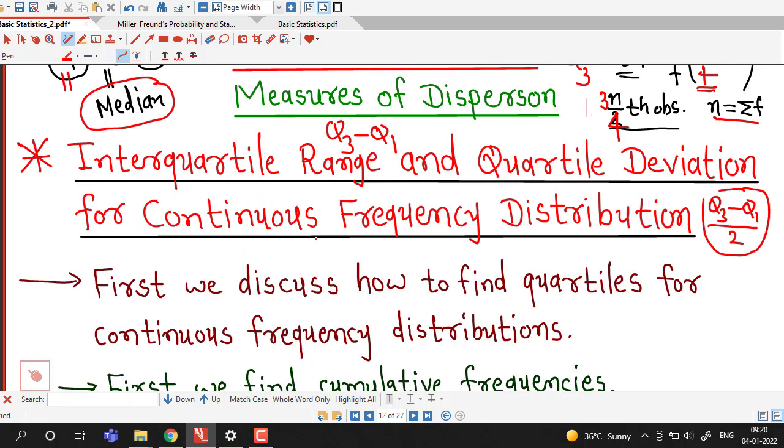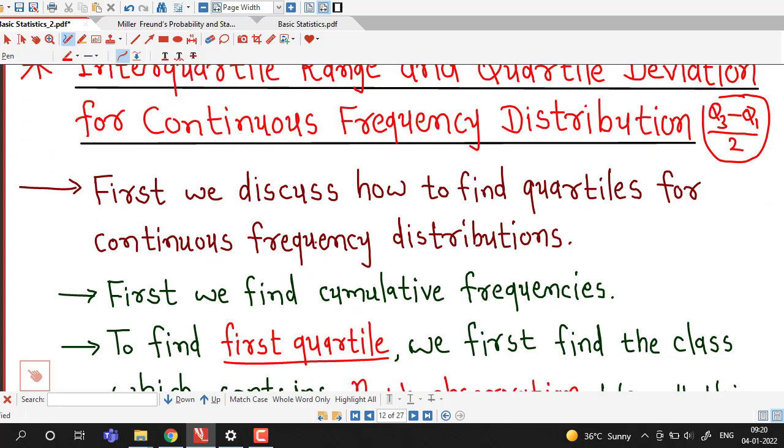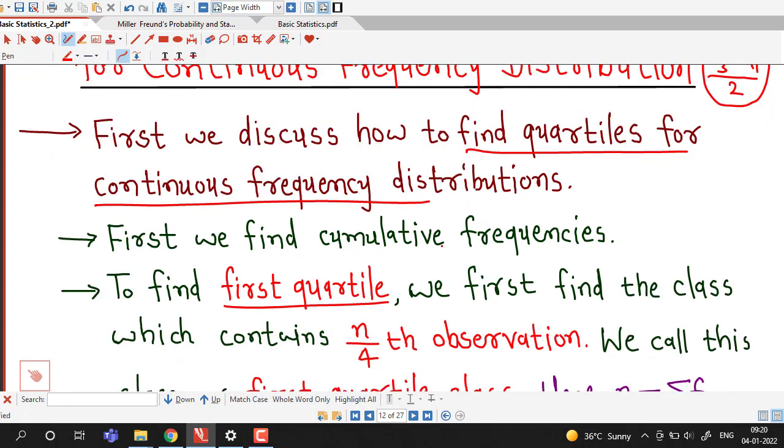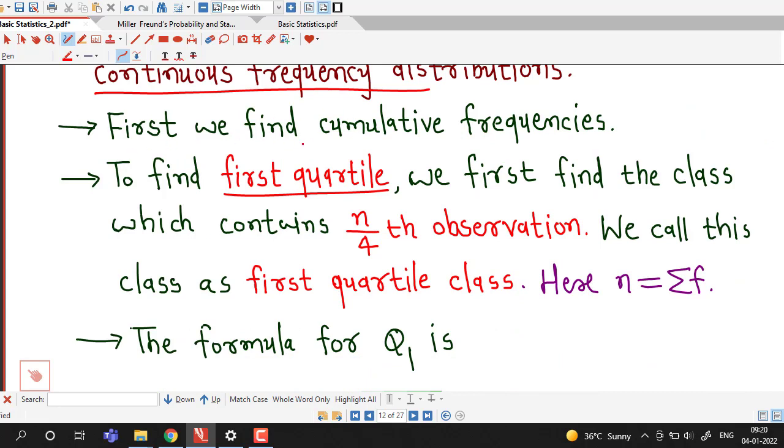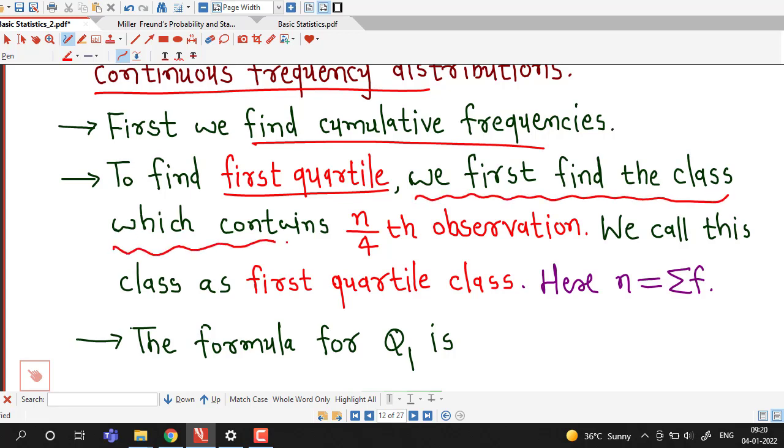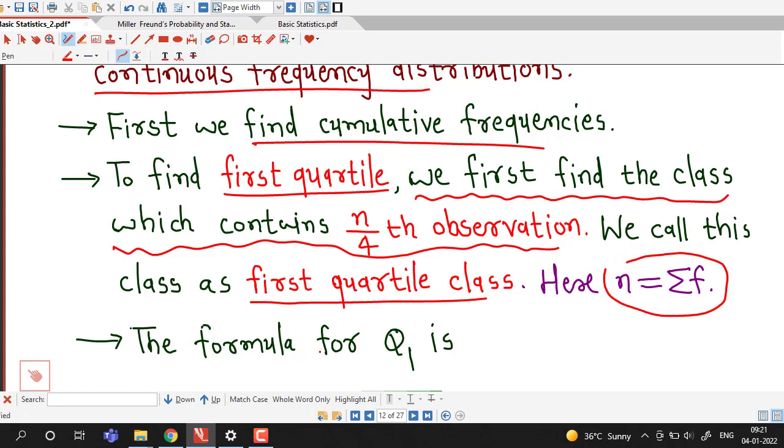So first we write how to find quartiles for continuous frequency distributions. These are the steps. First we find cumulative frequencies. To find first quartile, we first find the class which contains the N by 4th observation, and that class we call first quartile class, and N is nothing but the sum of all the frequencies.